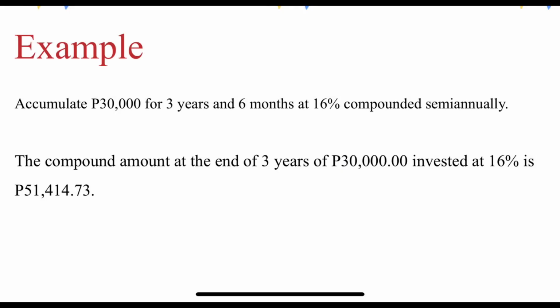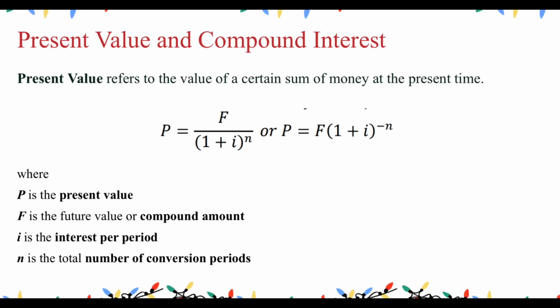Therefore, the compound amount at the end of 3 years and 6 months of 30,000 pesos invested at 16% is 51,414 pesos and 73 centavos.